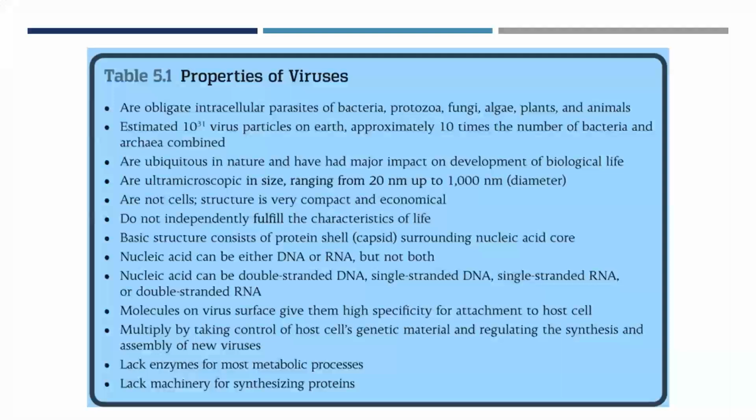They multiply by taking control of the host's genetic material and synthesis machinery to help churn out more viruses to infect more hosts and so on. They do not have enzymes for most metabolic processes, and they're not going to have machinery to synthesize their own proteins. For those, they have to use the host's machinery.